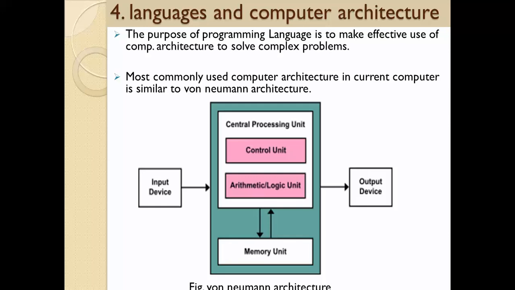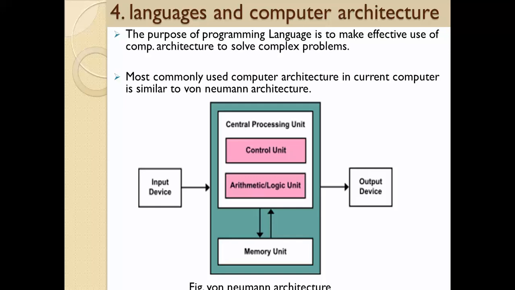In that architecture there are three main components. First one is the input device, second one is the CPU, and third one is the output device. Between the input device and output device there is the CPU, that is the central processing unit.